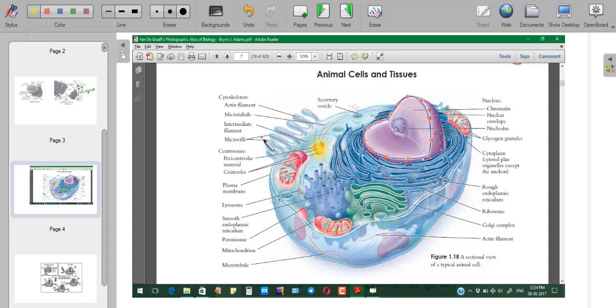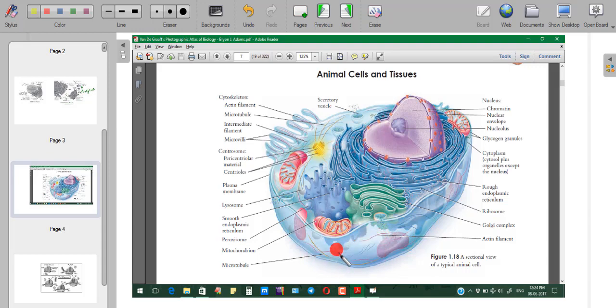And you can also see the microtubule here, and then the intermediate filament, the microvilli that help in absorption, and then the centrosome, the various types like centrioles or the right angle structures. Okay, and then the plasma membrane here, the lysosomes, then smooth endoplasmic reticulum, rough endoplasmic reticulum, Golgi apparatus, and then actin filaments.